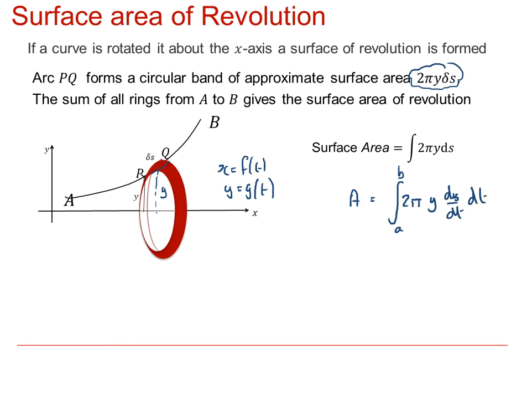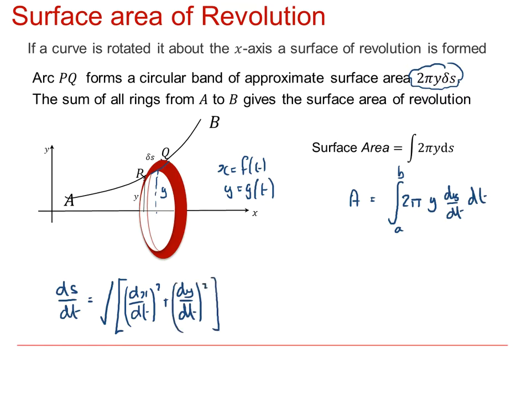But we've got an expression again from previous videos that ds by dt is equal to the square root of dx by dt all squared plus dy by dt all squared.